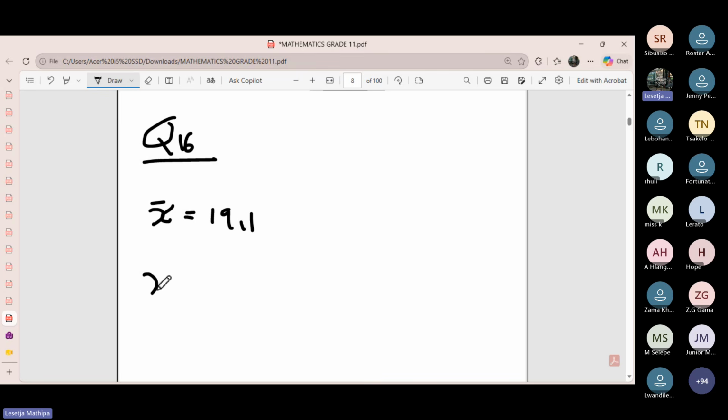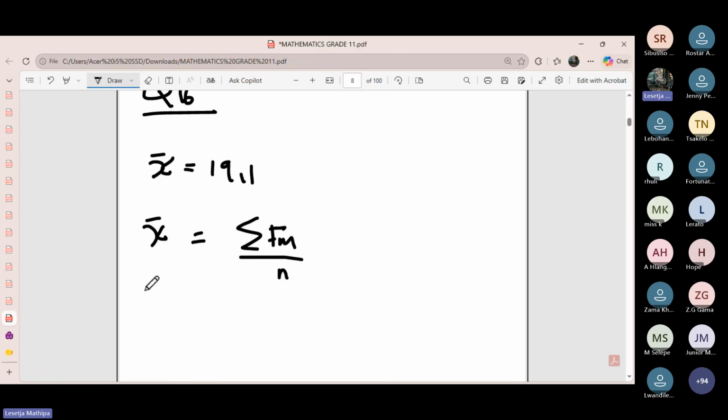So x bar is equal to the summation of fm divided by n, where f stands for the frequency and you multiply the frequency by the midpoint.